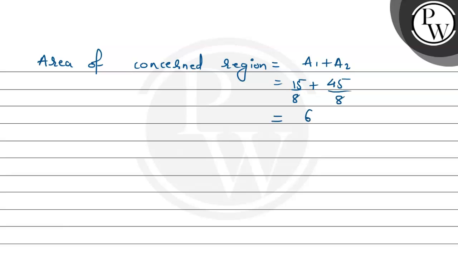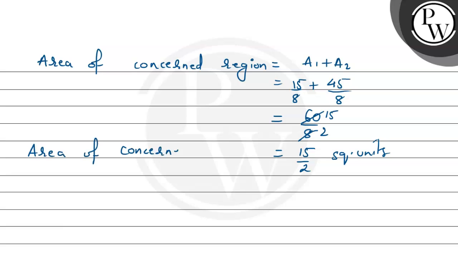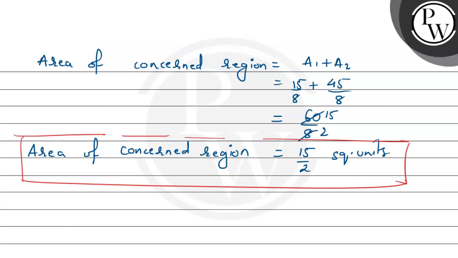This is equal to 60 by 8, and simplifying, 4 fifteens and 4 twos, so this is 15 by 2 square units. So the area of the concerned region is 15 by 2 square units, and this is our final answer. I hope you understood it well. Best of luck and thank you.